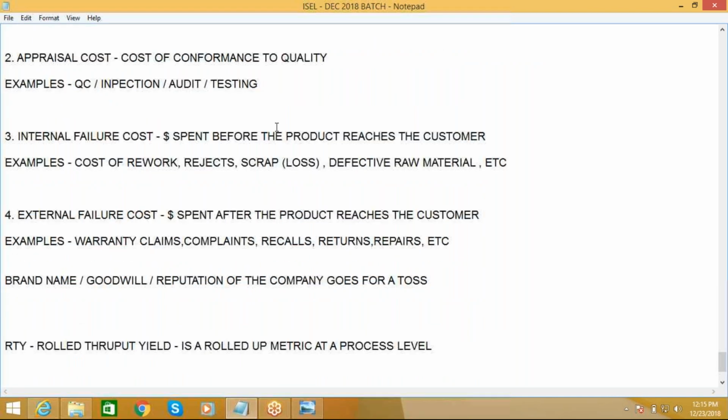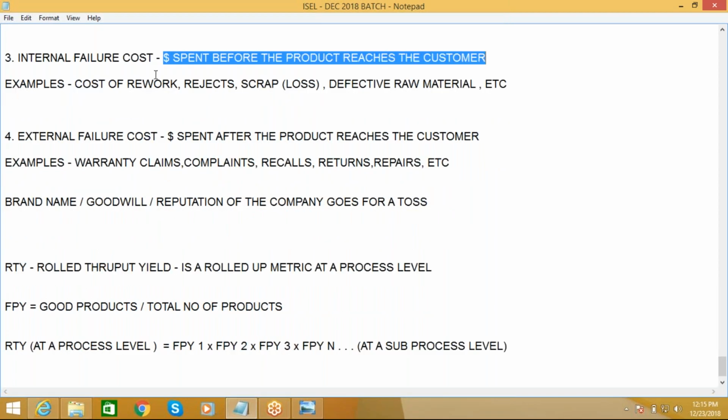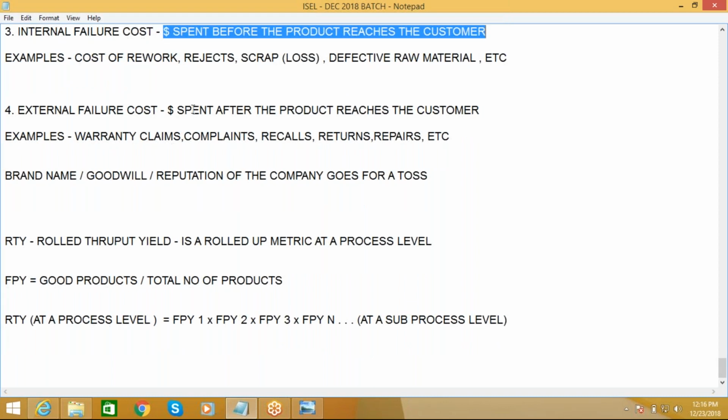Appraisal is the cost of checking: QC, inspection, audit, testing, basically the cost of quality conformance. Internal failure cost is money spent before the product or the service reaches the customer. Cost of rework, rejects, and scrap all come under this. External failure is money spent after the product reaches the customer.